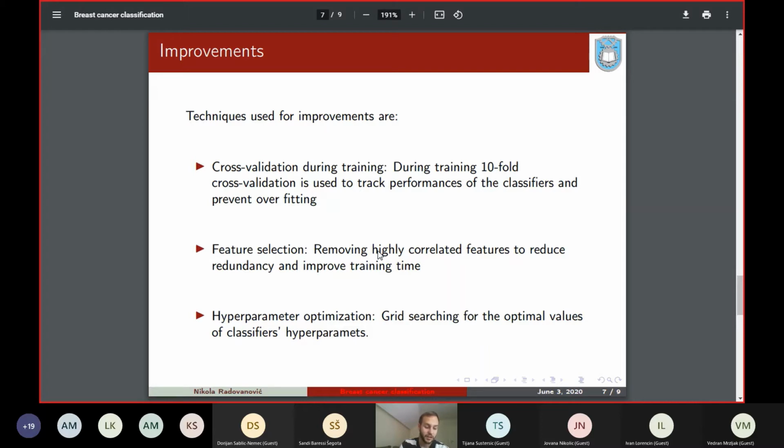Parameters that are grid searched are, for example, the k value for the k nearest neighbors, and the maximum depth and the number of estimators for the random forest classifier.